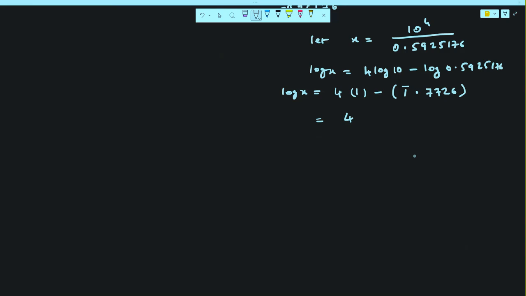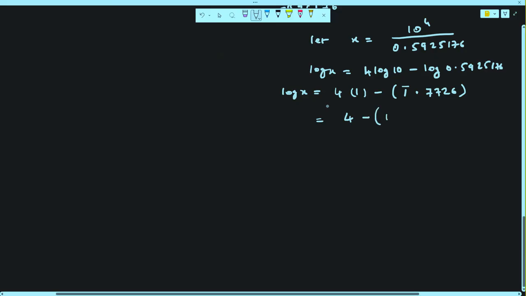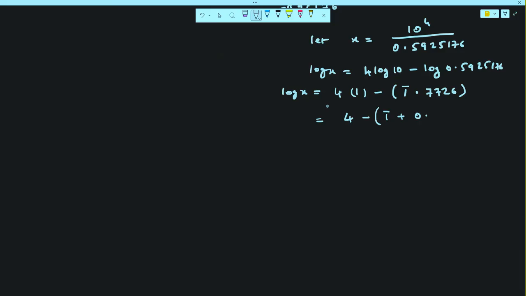Okay, I will show you that. 1 bar is negative, plus this is positive value. Write down like this. This is the restriction, the technique of solving logarithms. 4 minus of (minus 1 plus 0.7726).